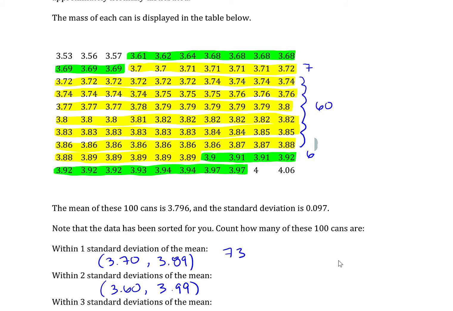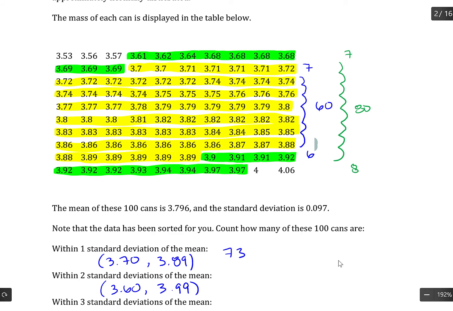So at this point, if I add up how many I have now, and I suppose I'll just use a different color to add, I've got 1, 2, 3, 4, 5, 6, 7, 8 complete rows now, so that's 80. Then there's 7 here, and there's 8 down here.